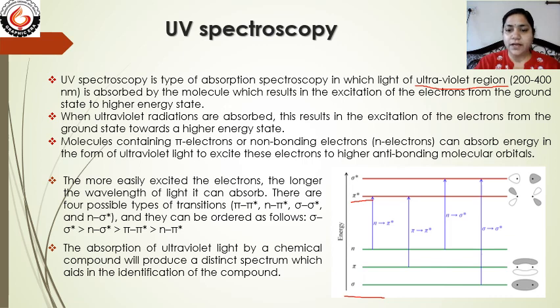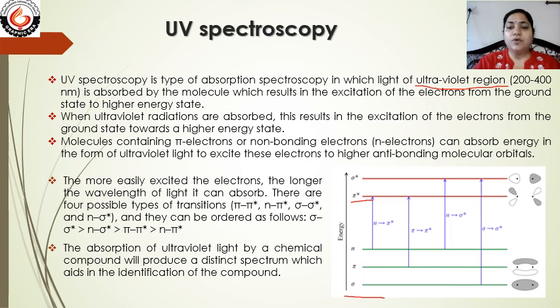After that, n to sigma anti-bonding molecular orbital. The electron present in a non-bonding orbital can go to both anti-bonding molecular orbitals, pi and sigma anti-bonding. After that, the energy required to transfer an electron from the pi bonding molecular orbital to the pi anti-bonding molecular orbital is different.